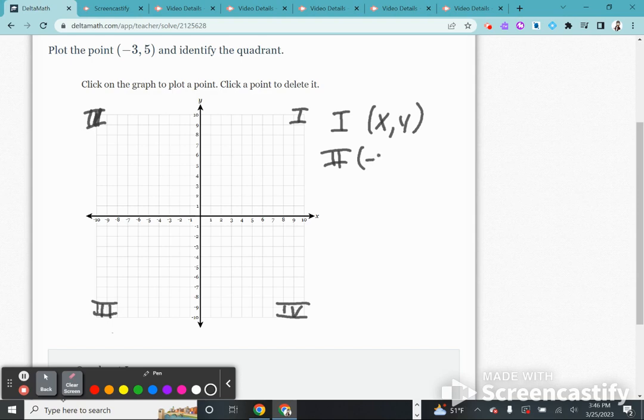Quadrant 2, I have negative x, positive y. Quadrant 3, I have negative x and negative y. Quadrant 4, I have positive x and negative y.